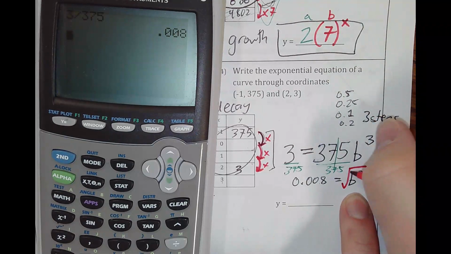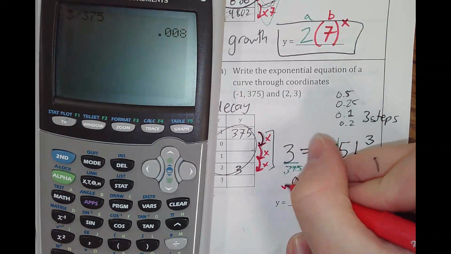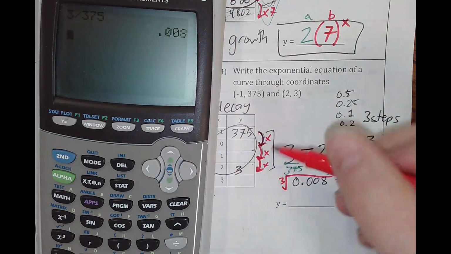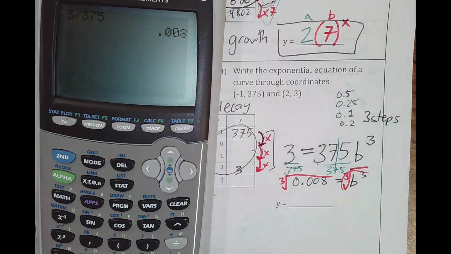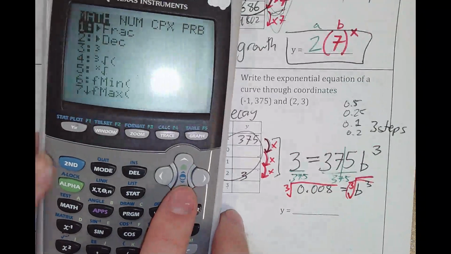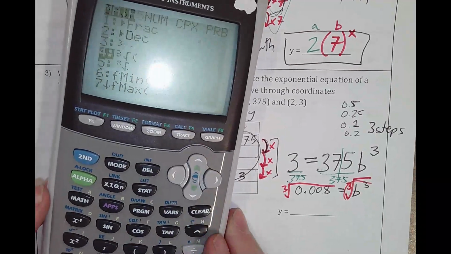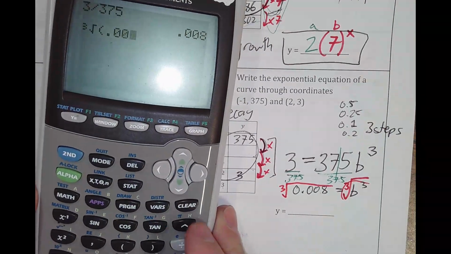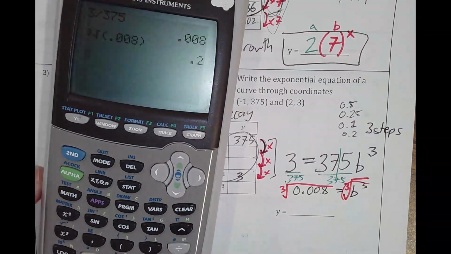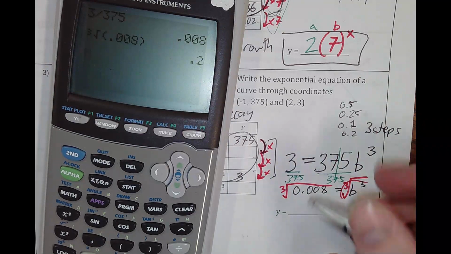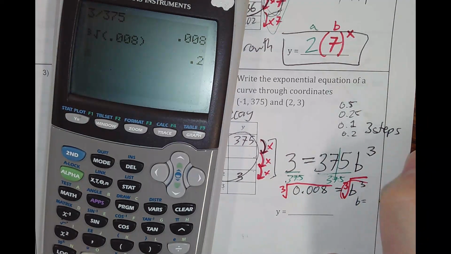It's going to be the cube root. So if we cube root both sides, that's going to give us our multiplier. What is the cube root of 0.008? Let's see. There it is. The multiplier b happens to be 0.2.